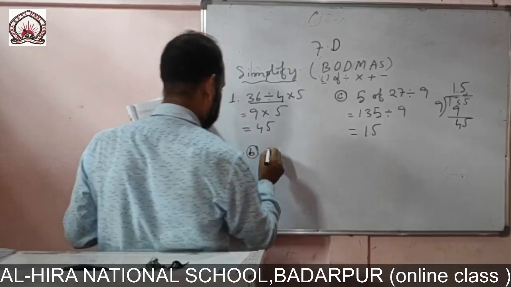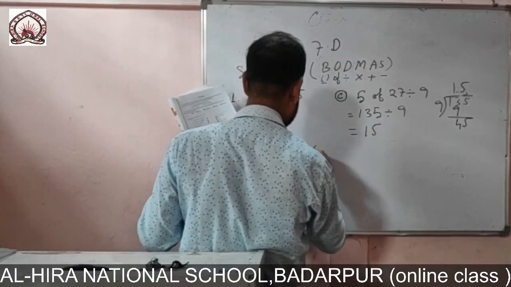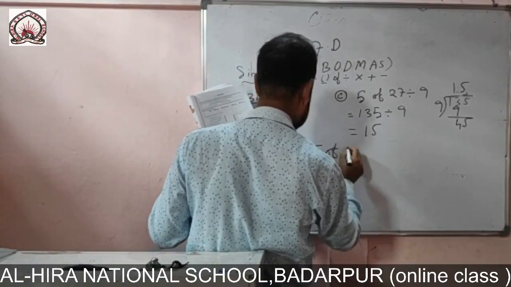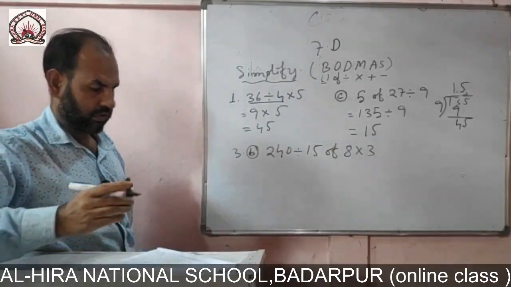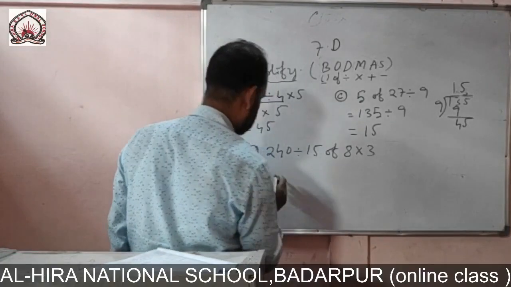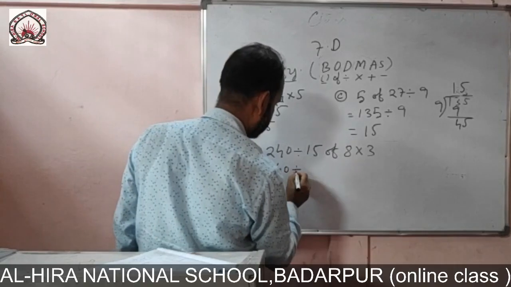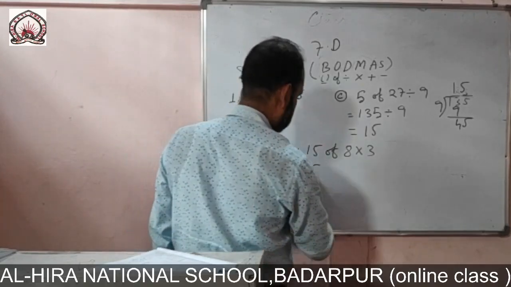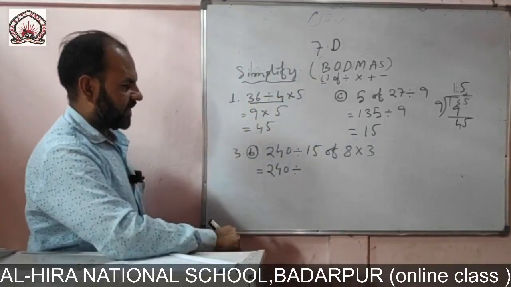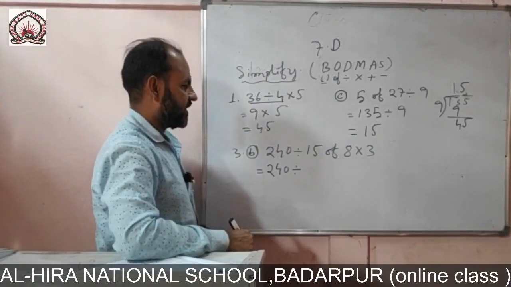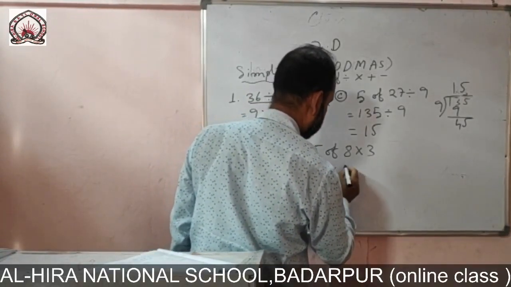3B. 240 divide 15 of 8 into 3. Here first we do of, rest remain same. This of means into, 15 8s are 120 into 3.